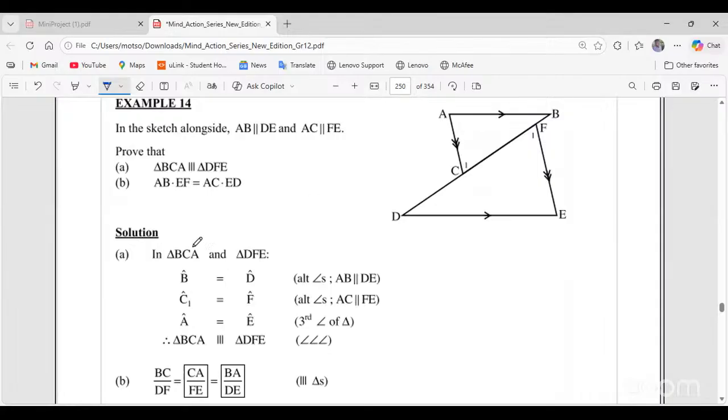Then you write your C1. You come to A, there is A, you write it there accordingly. Now, you come to this other triangle. Now, you will see which angles in this triangle are equal to these angles. Angle B, this is B. On this triangle, B will automatically be equal to D because of this Z here.